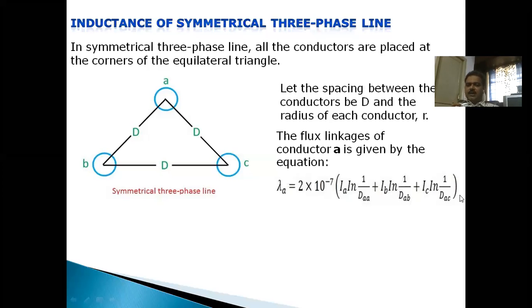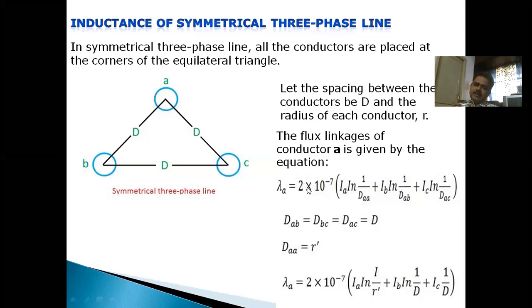Next, the third term indicates again flux linkage at this conductor due to current passing through the other conductor. So here we have to consider the distance between these two conductors, that is 1 by D_AC. Okay, is it clear?